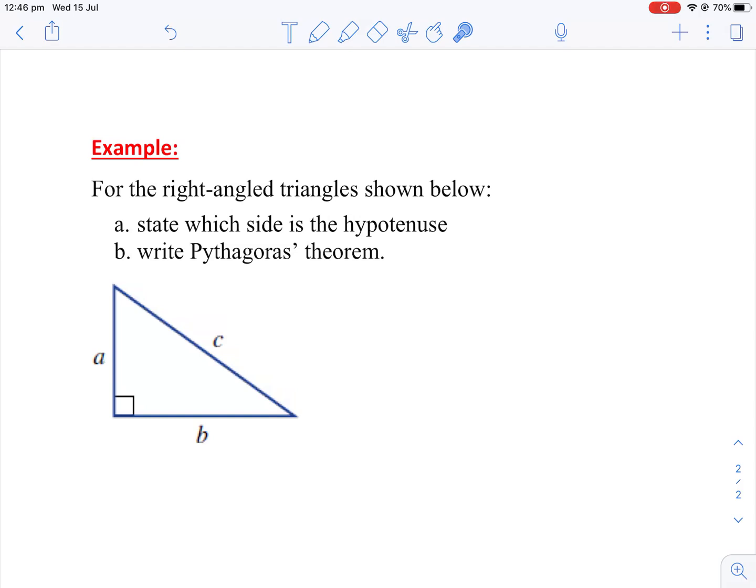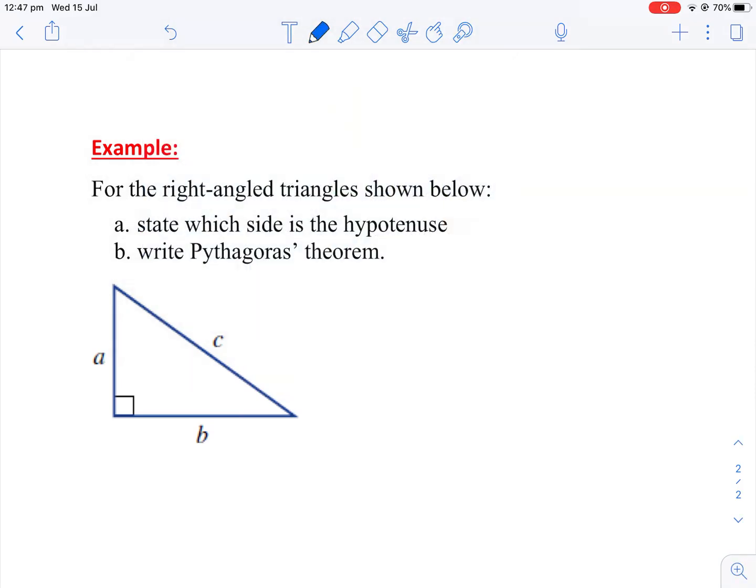In this example, I have this right angle triangle, and C is the side length of the hypotenuse, A is the side length of the shorter side, and B is the side length of the other shorter side of the triangle. A: state which side is the hypotenuse.